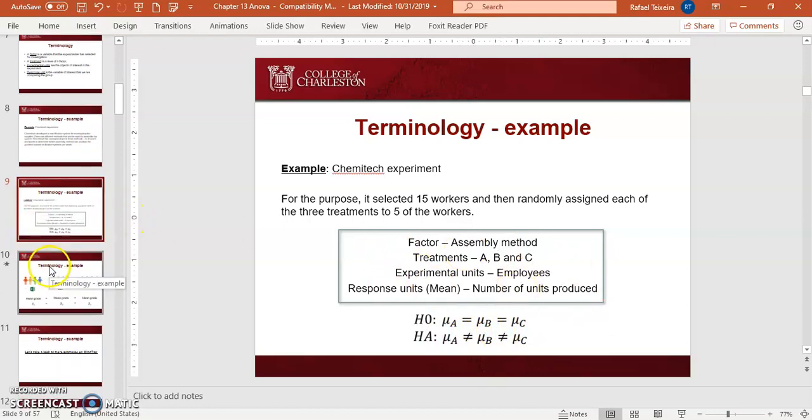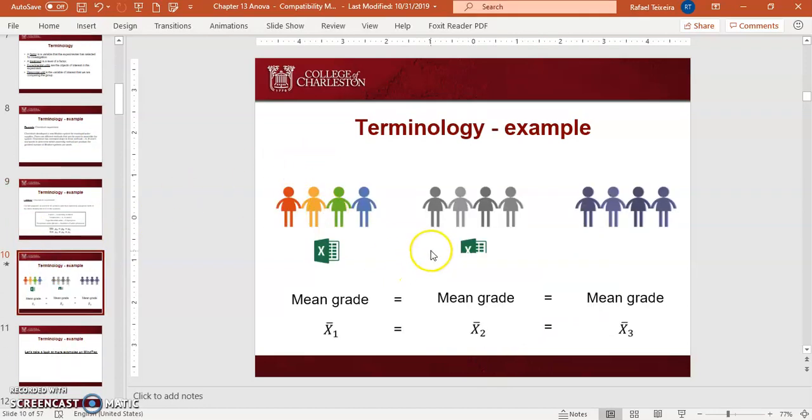Let me give you another example that I show in my classes. Imagine I split our class into three groups. The first group is going to use only Excel to solve the problems in statistics. The second group is going to use half Excel and half by hand or calculator. And the third group cannot use Excel, only the calculator.